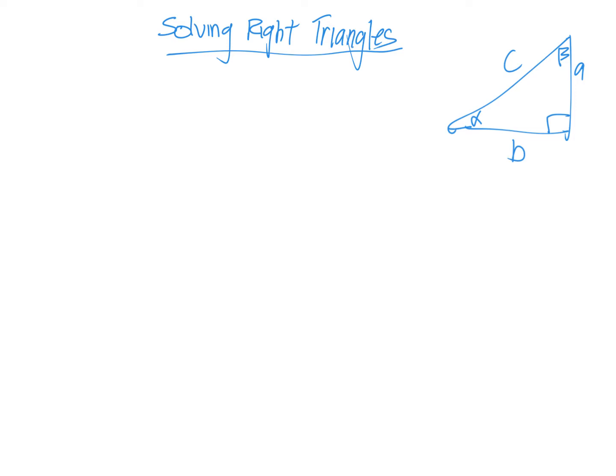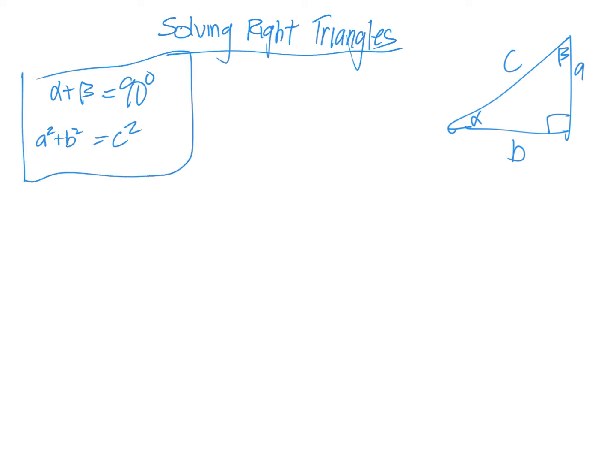Since alpha and beta are complementary angles, alpha plus beta is equal to 90 degrees. So that's one thing that we can use to help us. And also because this is a right triangle, the Pythagorean theorem gives us that a squared plus b squared equals c squared. So these two pieces of information can be really useful when trying to solve a right triangle.